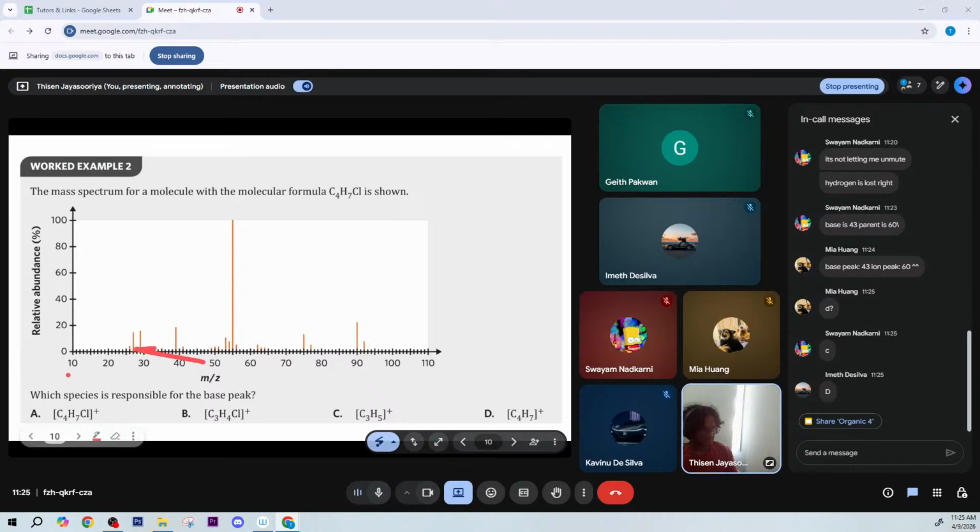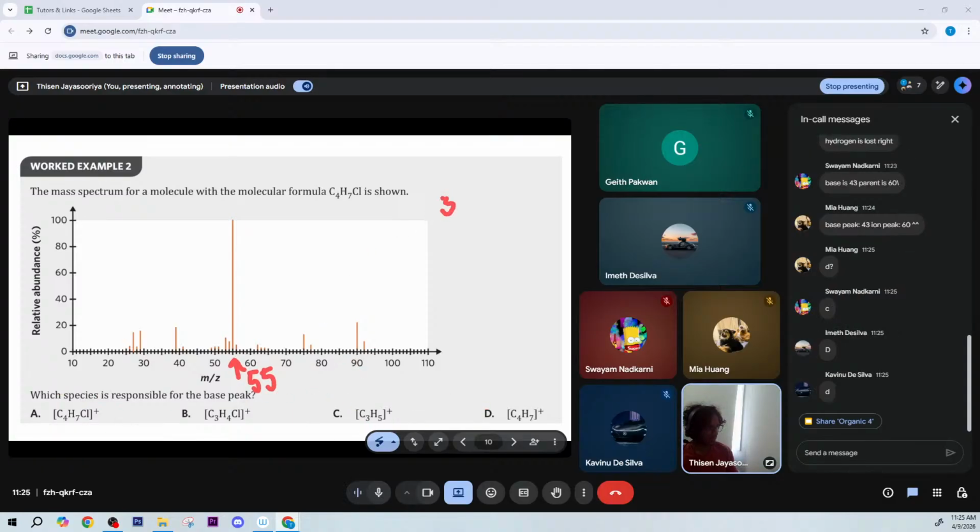So here, this has a peak at 55, which means the mass to charge ratio must be either 55 over 1 or it could be 110 over 2. If we look at compound A, these two together have a mass of 55 because it's 48 plus 7.